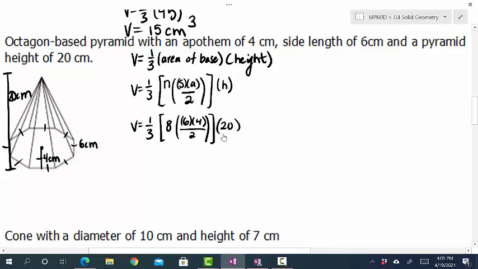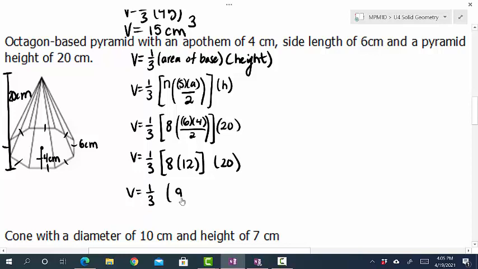Now let's simplify inside of the brackets. 6 times 4 is 24, divided by 2 is 12. Let's keep simplifying inside the brackets. 8 times 12 is 96.